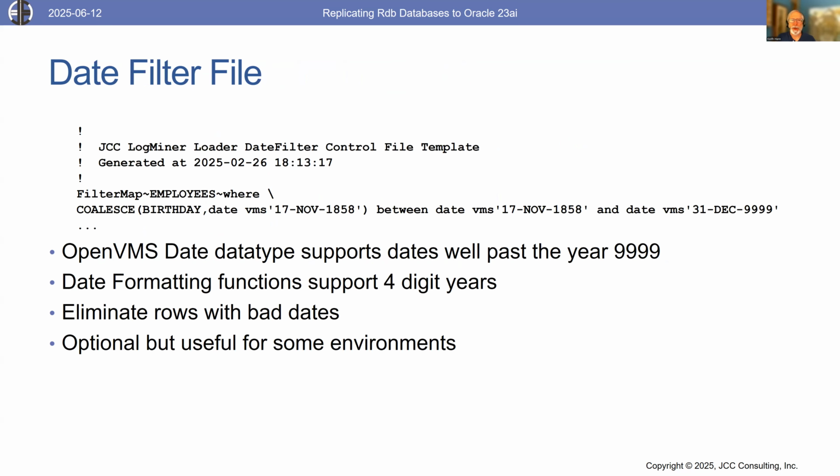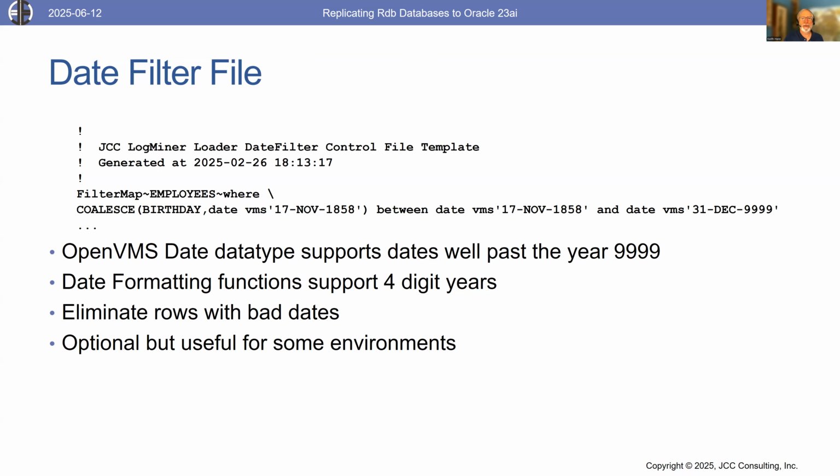The date filter file we added because we've found that some applications have bogus dates. The issue is that the OpenVMS data type supports dates well past the year 9999.